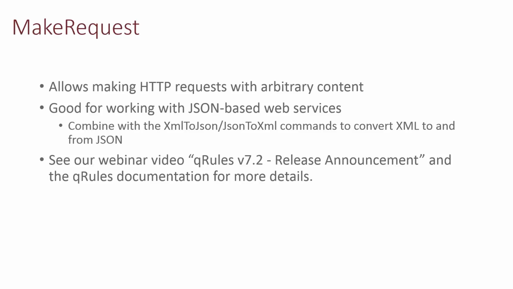What this allows you to do is use web services that can have any sort of content. And in recent years, a lot of web services are starting to use a data format called JSON. So this will allow you to do that, not just to query data, but also to submit data and things like that.